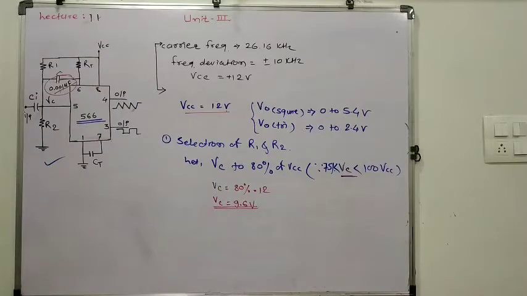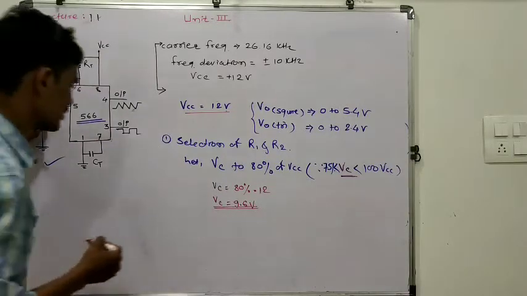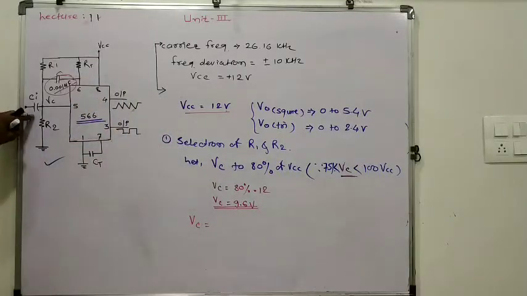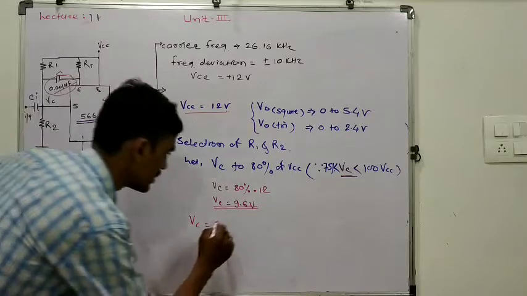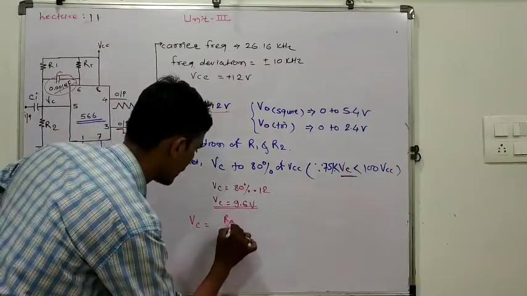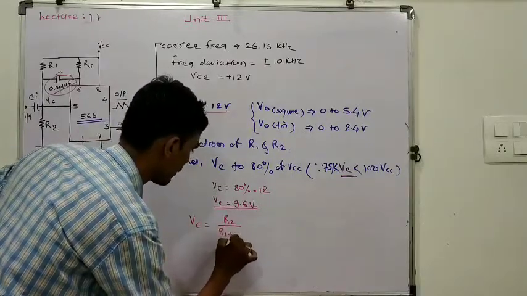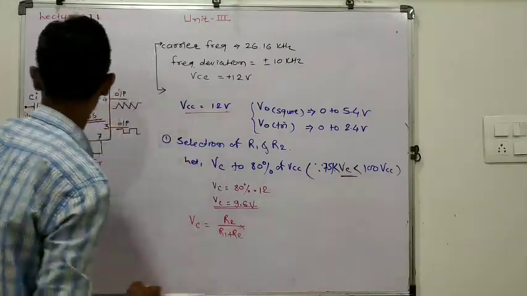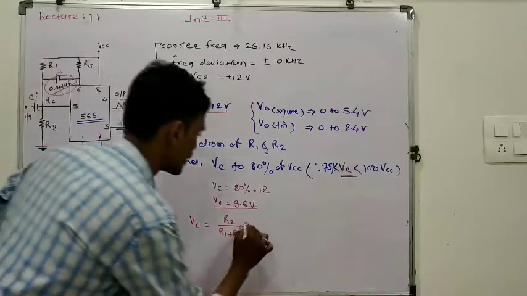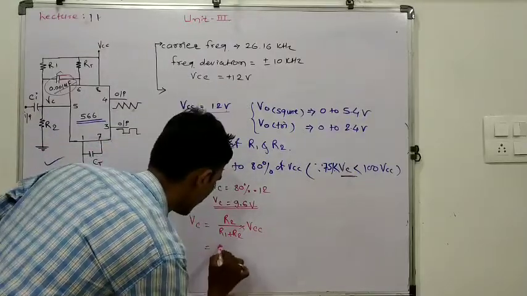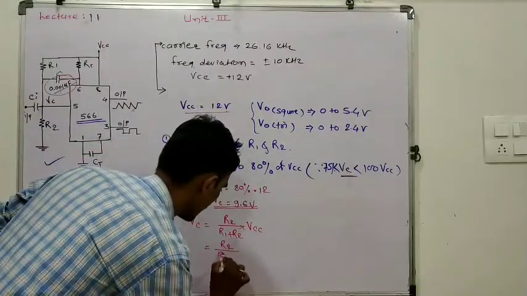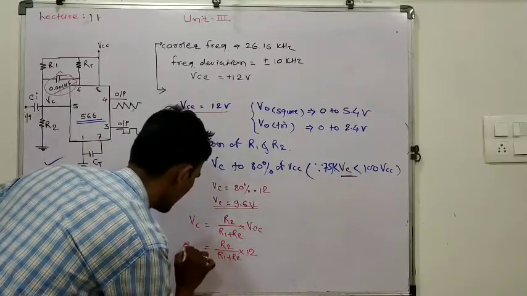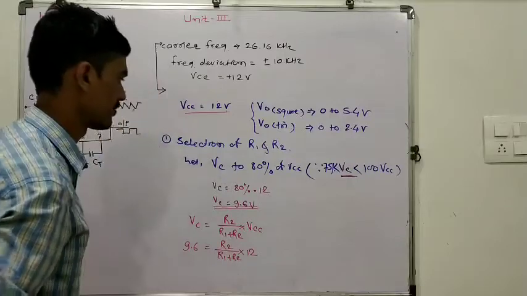Now we know the formula for VC. From this circuit diagram, VC is equal to R2 divided by R1 plus R2, multiplied by VCC. So it is equal to R2 divided by R1 plus R2 multiplied by 12, and this VC is nothing but 9.6.